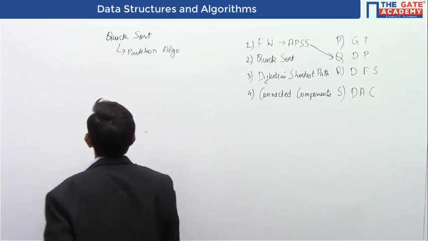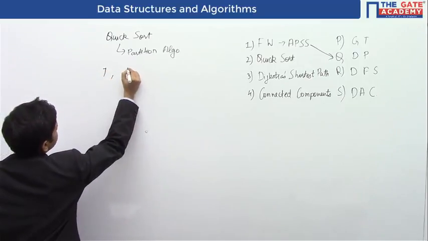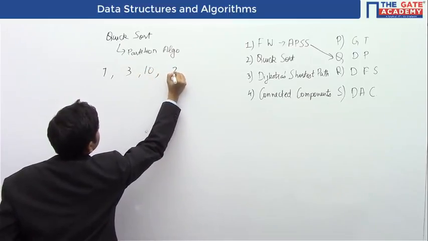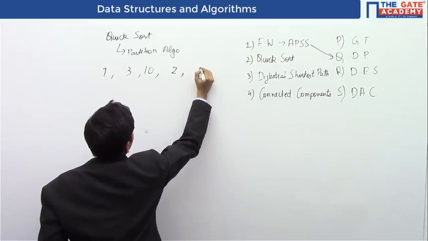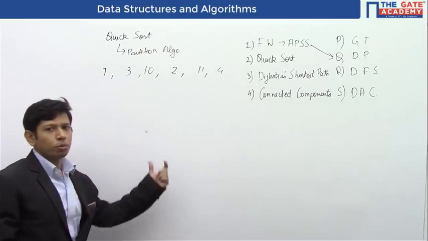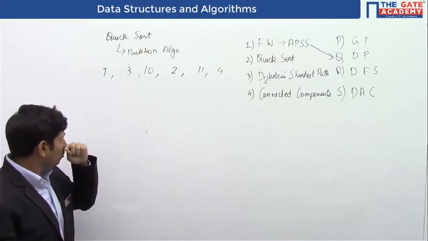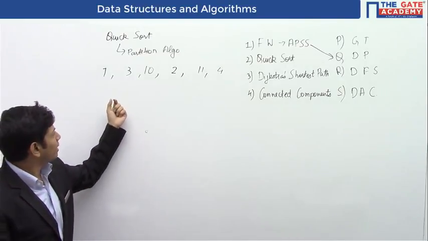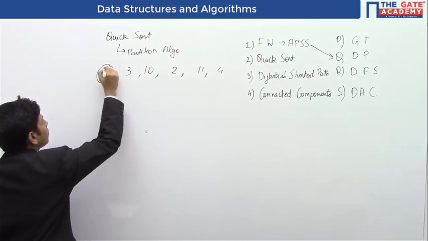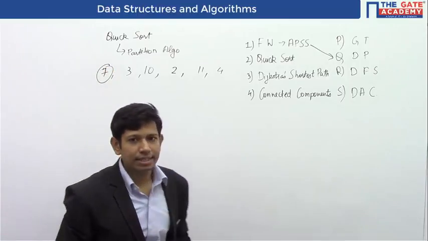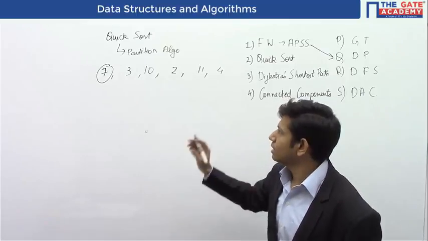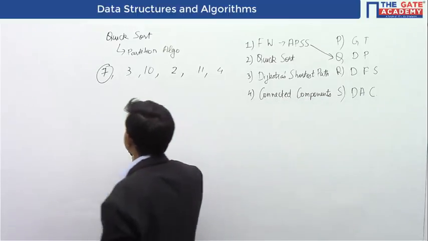For example, suppose this is the given array, and suppose we select the element 7 as the pivot element. 7 we have selected as pivot. So once we apply the partition algorithm, 7 will come to its correct position.